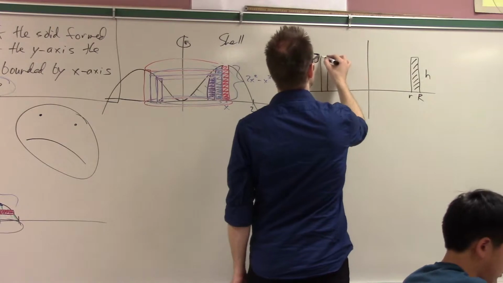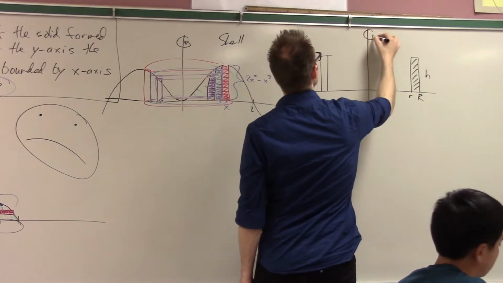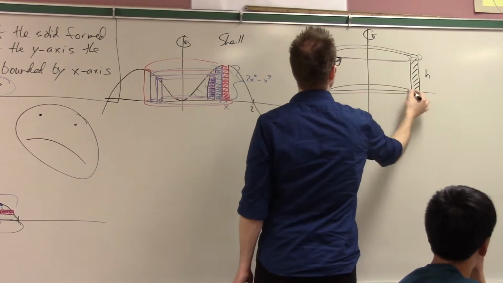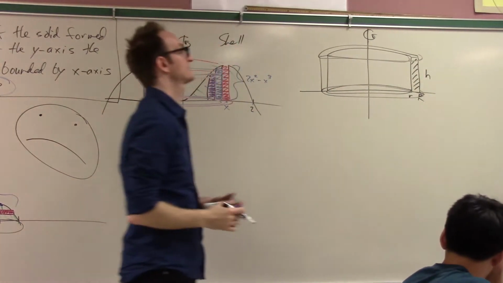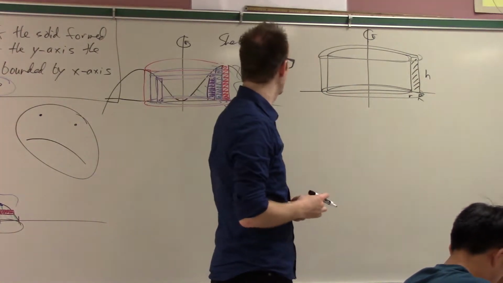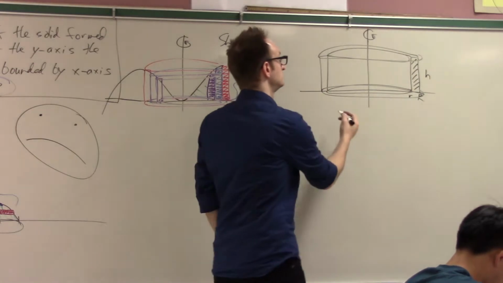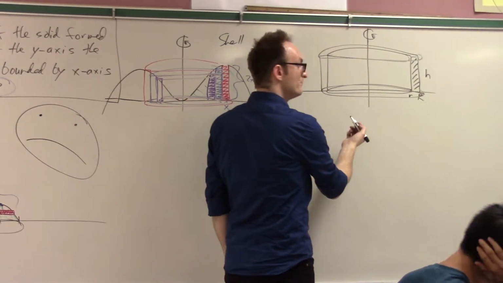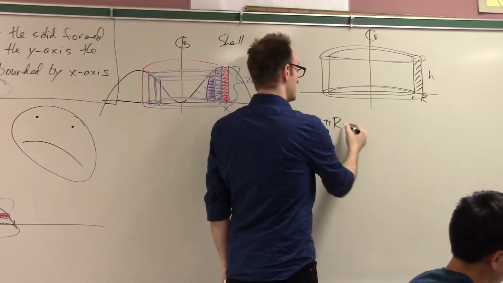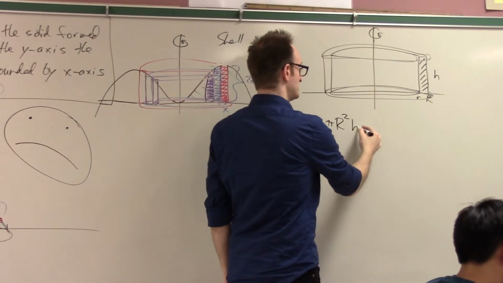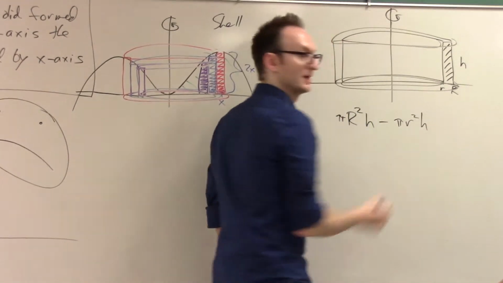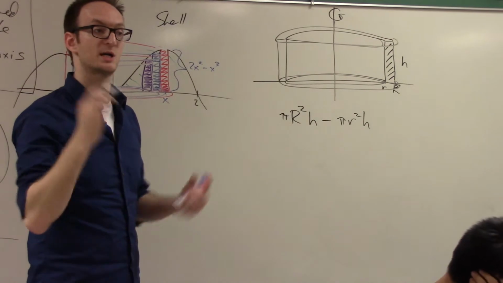When this rectangle is rotated about the y-axis, I get a shell. What are the dimensions of this shell? It's pi big R squared h minus pi little r squared h. Exactly.